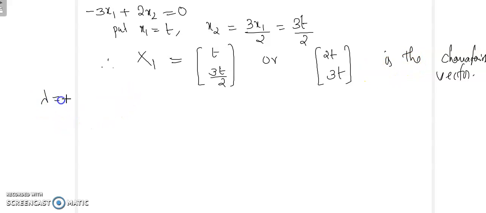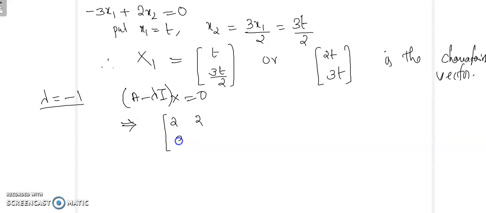And similarly, when lambda is equal to minus 1, A minus lambda I x equal to 0 implies you will get 1 minus minus 1, which is 2, then 3, 2 minus minus 1, which is 3, x equal to 0.